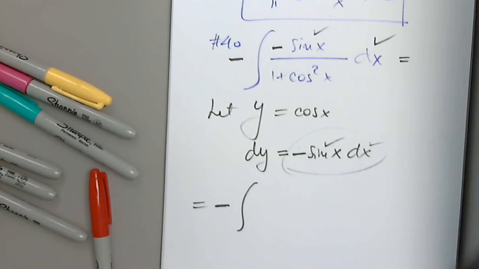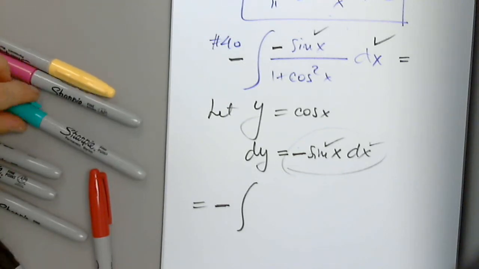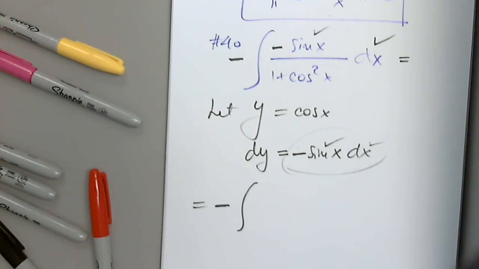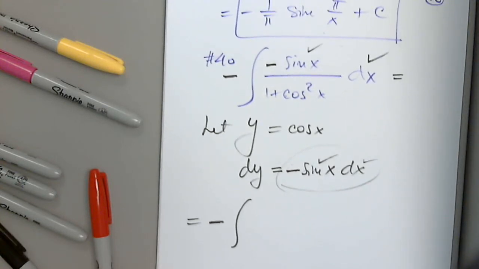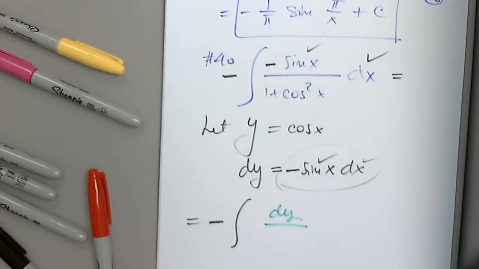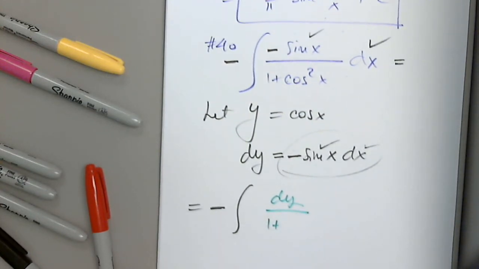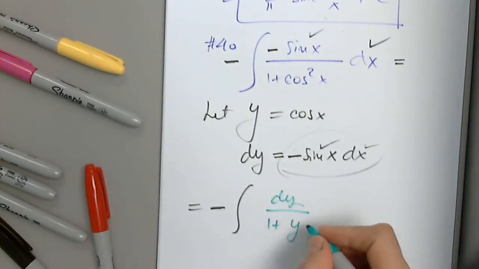Can anyone tell us what to write inside? Angelina, can you tell us what to write inside? Mark, can you tell us what to write inside? dy over 1 plus? Very good. Indeed, y squared.